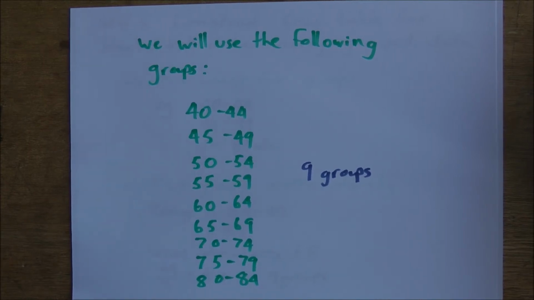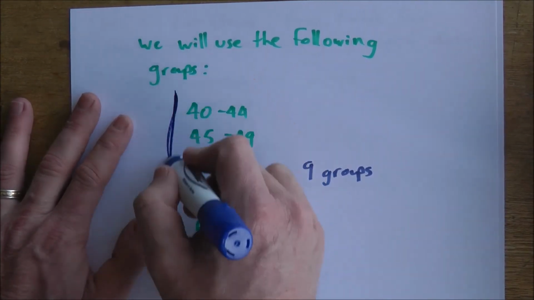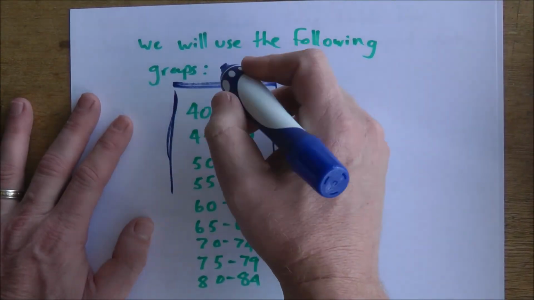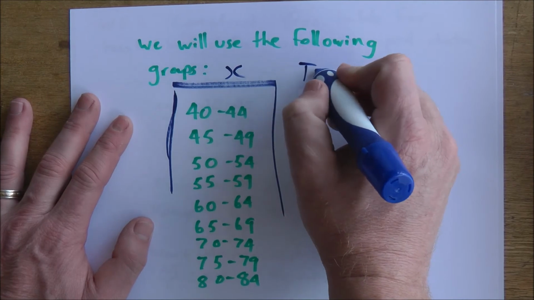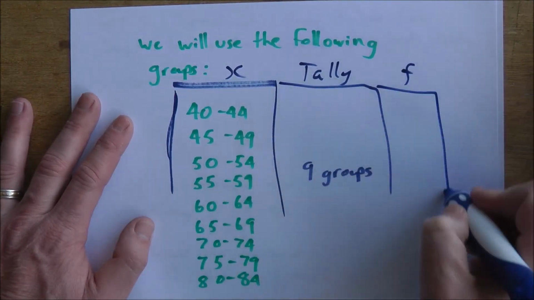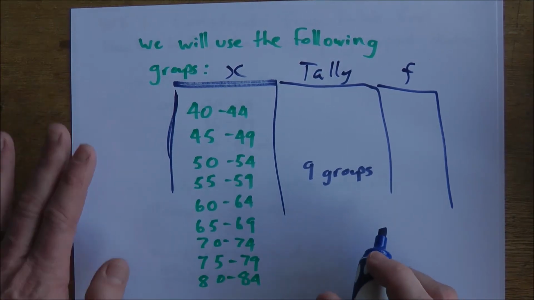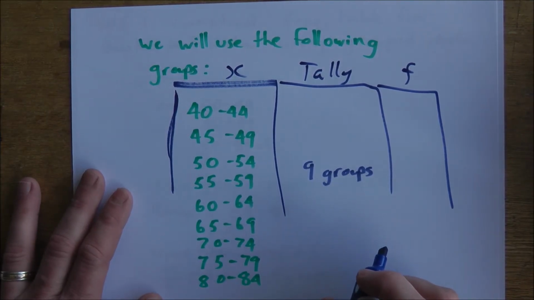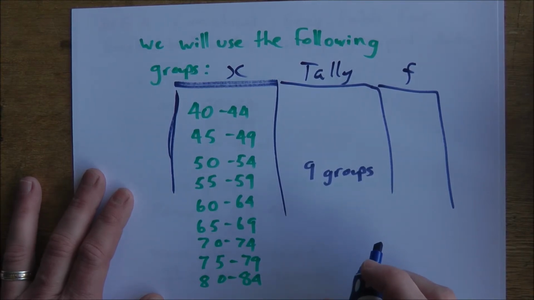Now we'll draw up a table around this. This becomes our scores. We do a tally column, and there will be a frequency column, and so on. We go through the list of numbers in the textbook that we actually recorded from the basketball games, and we just start putting in the tallies.